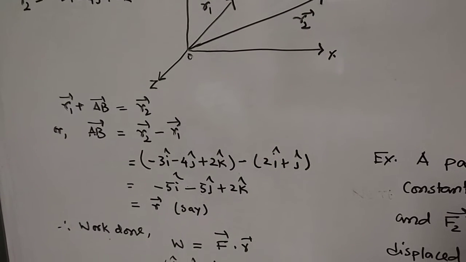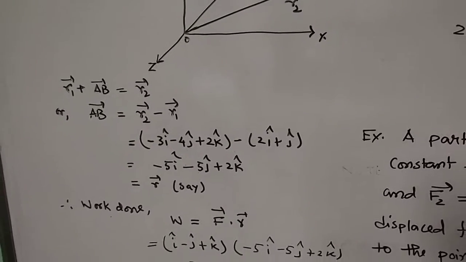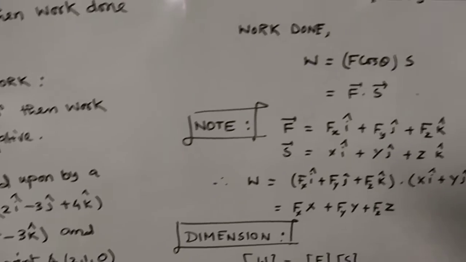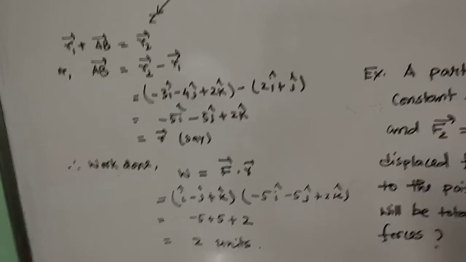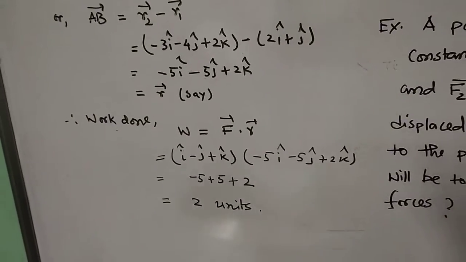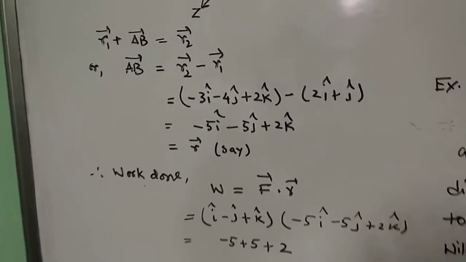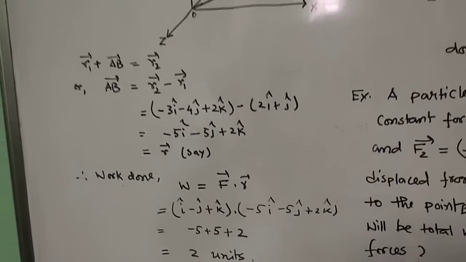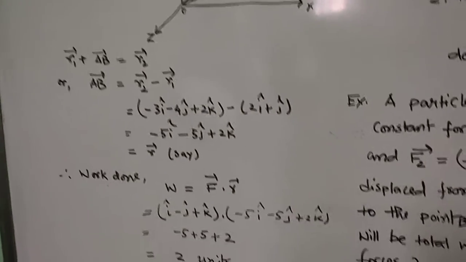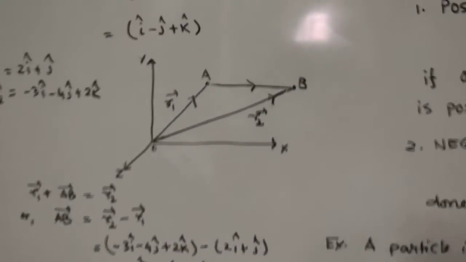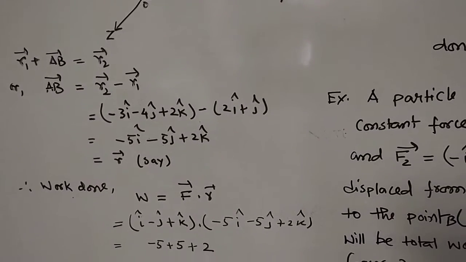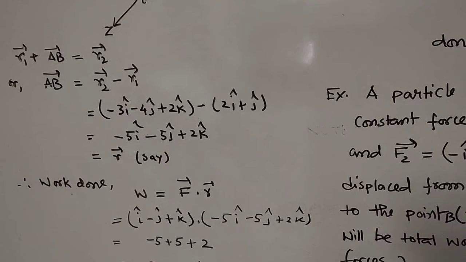Let us consider this as R vector, say. Now work done W equals F vector dot R vector. It is the same as before, only we have used R vector in place of S vector. You can consider S vector also. So you have to take the dot product of these two, F vector, which is i cap minus j cap plus k cap, and R vector, which is minus 5 i cap minus 5 j cap plus 2 k cap.